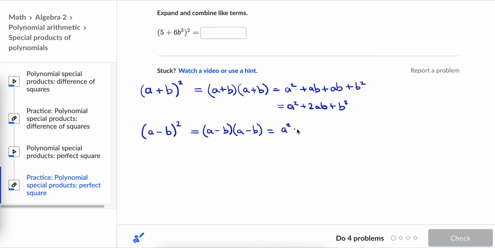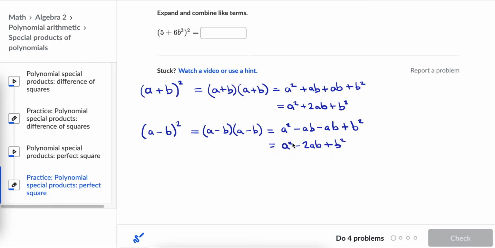So you get a squared minus ab, minus ab again, because you've got a times negative b twice. And then minus times minus is a plus, so you get plus b squared. So this version is a squared minus 2ab plus b squared.